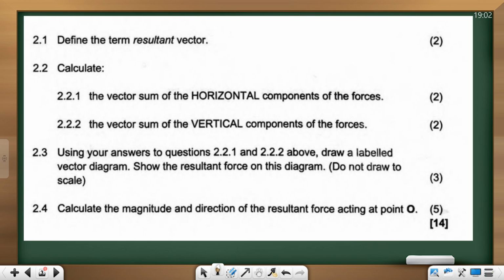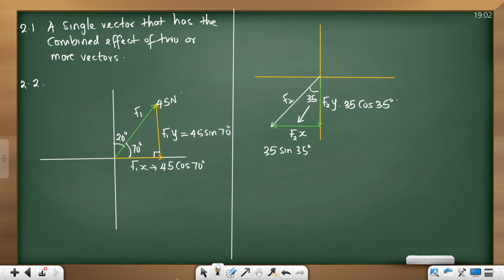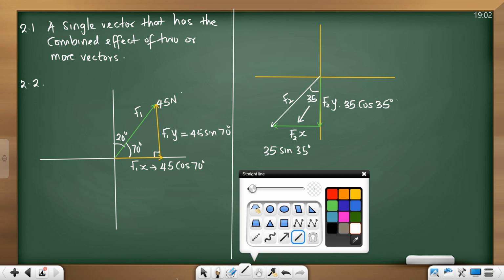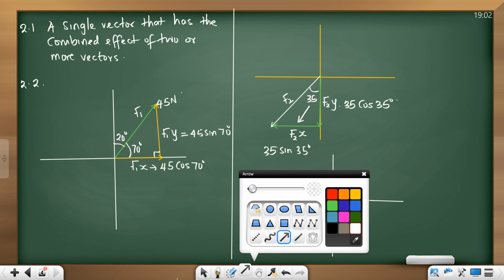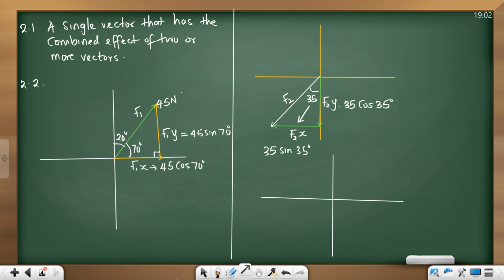Now, I'm just extending some of the horizontal component forces. Beautiful. Look at my horizontal component. I want to draw only the horizontal components now on this. I have my F1x in that direction. That is actually 45 cos 70.